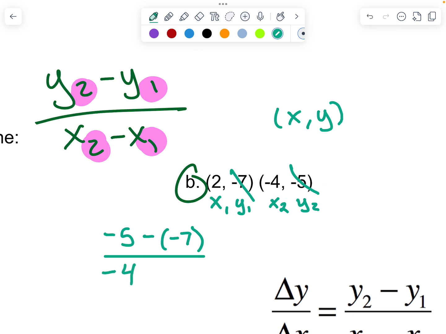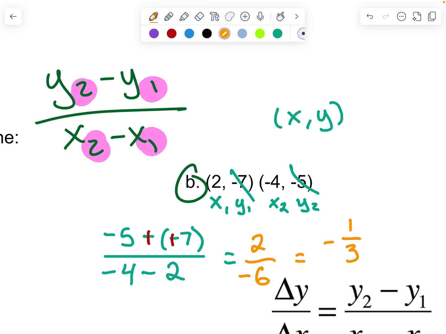So up next is the -4, the x2, minus whatever the x1 is, which is 2. So up top, I have two negatives, which is going to turn that into a positive. So -5 plus 7 is going to get me 2. And then -4 minus 2 is -6. And I can simplify that to -1/3.